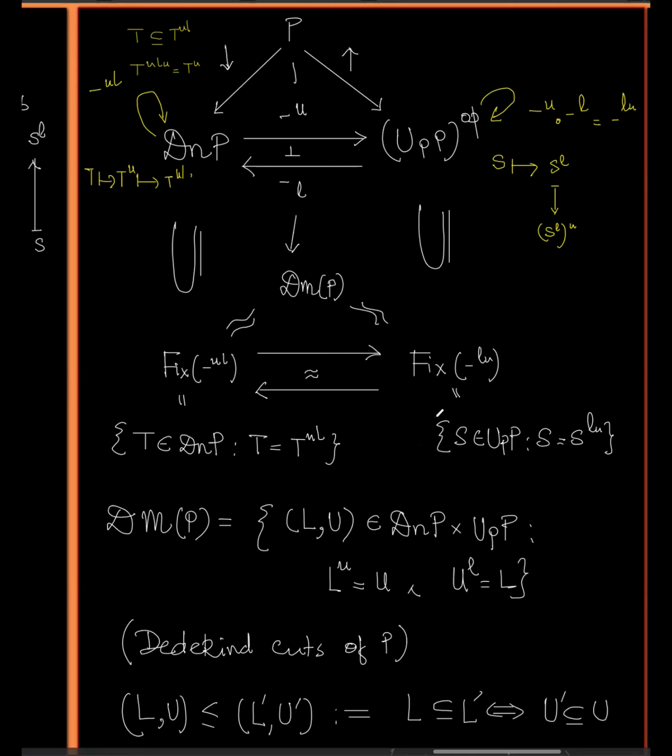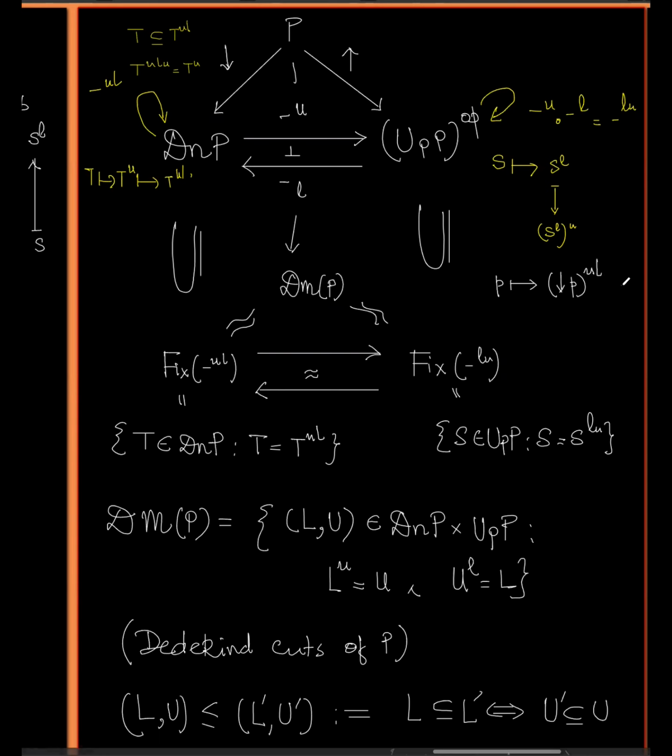How do you do it? You take your P, you take the downset, and then you take the upper bounds of this downset and the lower bounds of it.